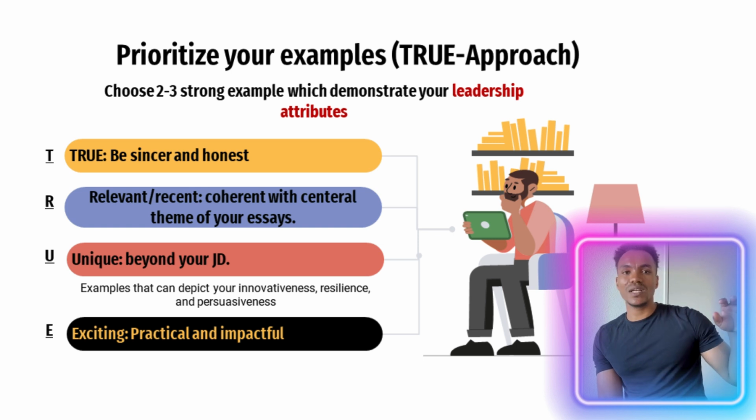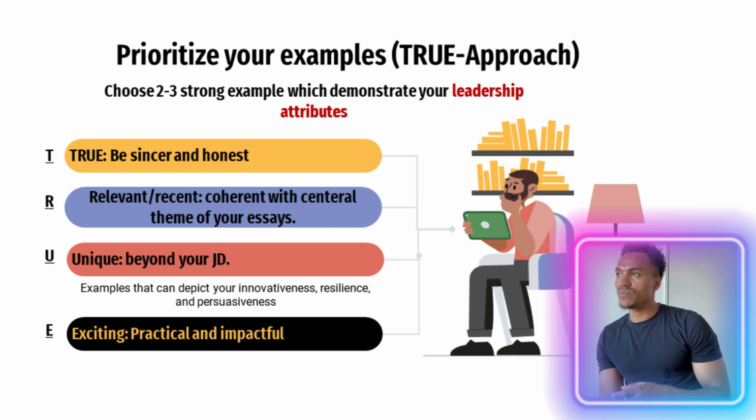Or if it is from 10 years ago, 7 years ago, it may not be recent, and they want to know your status currently or recently. So make it both recent as well as relevant.